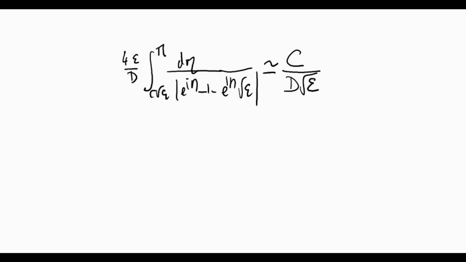As epsilon goes to 0, we have that the mean first passage time, and I'm not going to change the notation calling it v, because this is v of z, and z is exponential i c square root epsilon, is of the order of a constant divided by d square root epsilon.